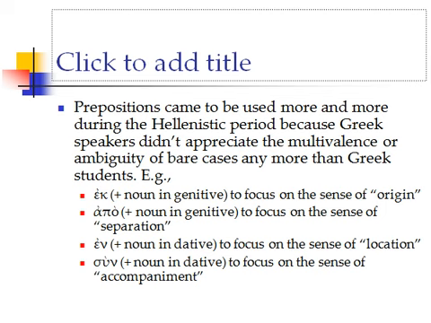And then the preposition sun, followed by a noun in the dative, could be used to focus on the sense of accompaniment, which is another kind of dative, the dative of accompaniment. But with sun in front of the dative, it helps to focus on that particular dative sense. Now, this doesn't work for all prepositions.